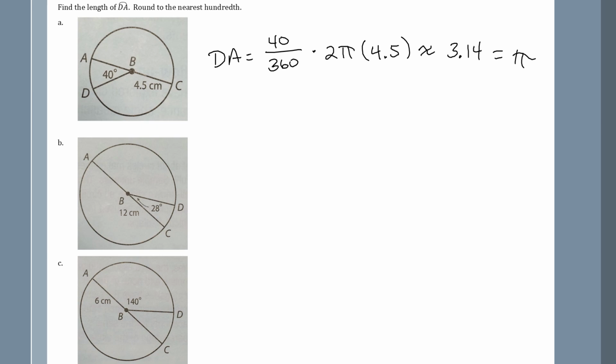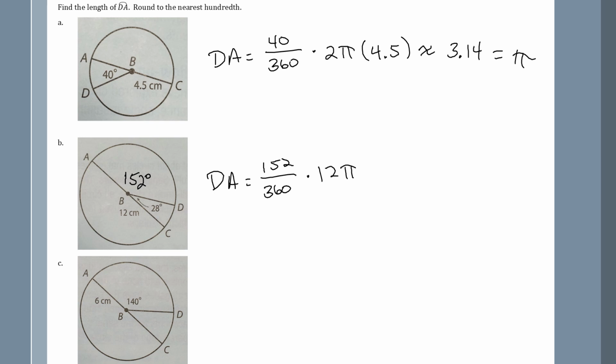Okay, here we have a diameter now. So still we're working on AD. Now this is 28. So 180 minus 28 is 152. So on this one, DA is equal to 152 over 360 times 12 pi, because 12 is the diameter.